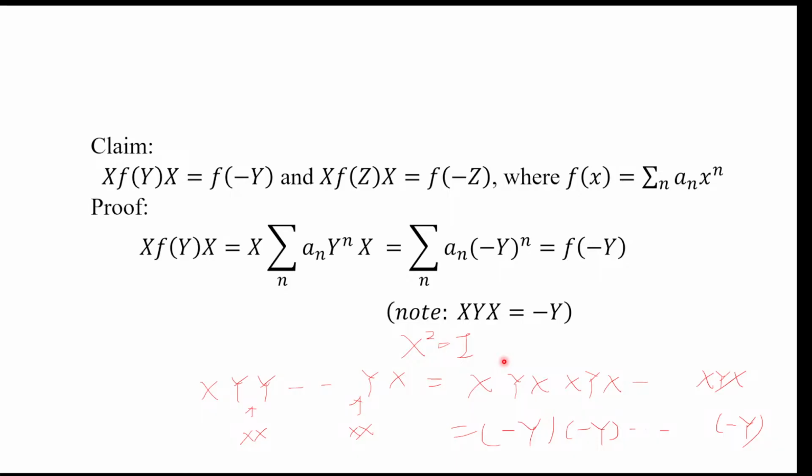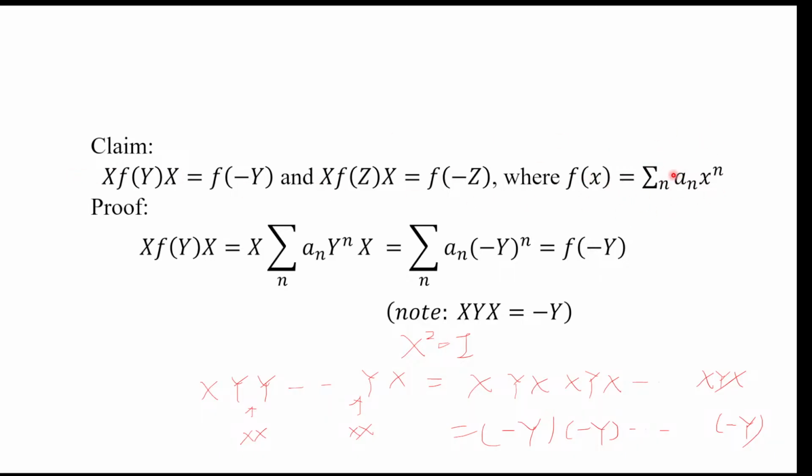So if you have f of Y, you sandwich any function of Pauli Y with X, then you get a function with a negative Y, and then similarly you sandwich any function of Z with X, you get a function with a minus Z. Okay, and here the function should really be pretty arbitrary, but for simplicity, let's assume the function is nice and has a polynomial expansion.